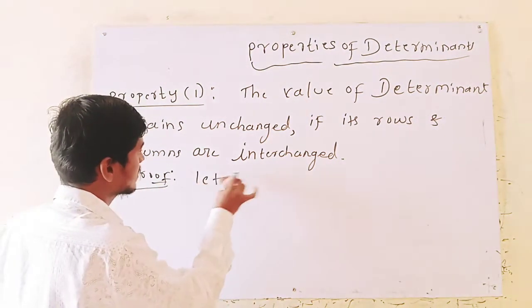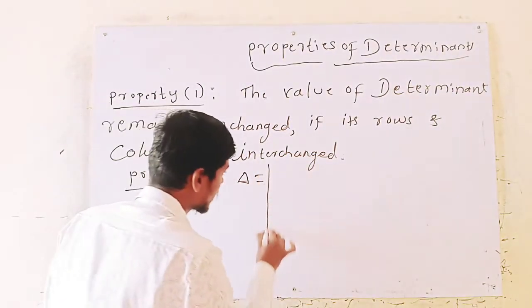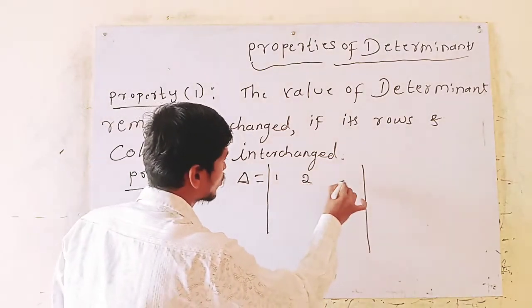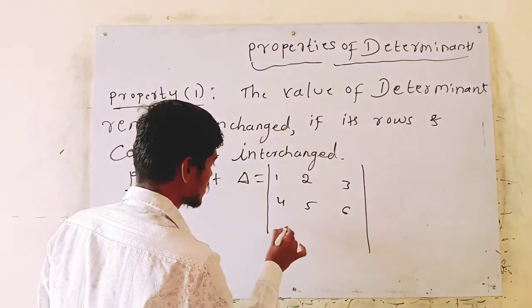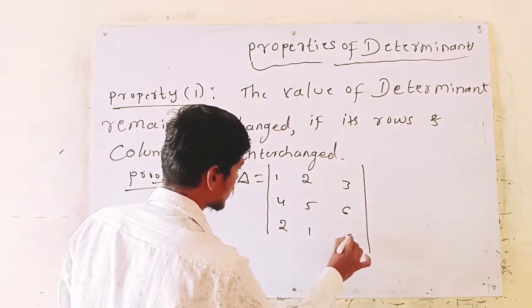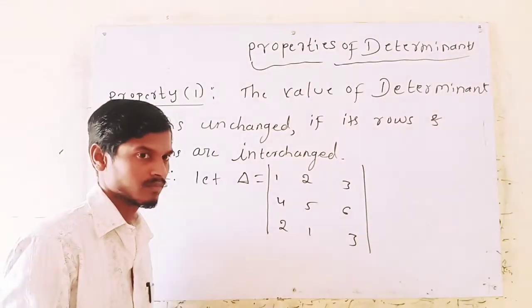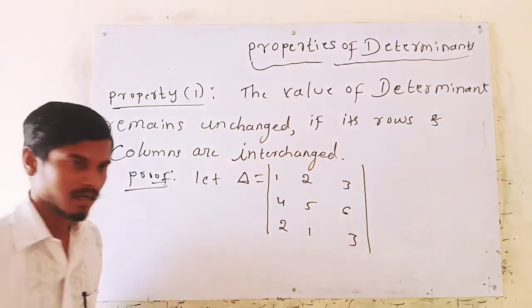Let delta equal to a determinant, suppose 1 2 3, 4 5 6, 2 1 3. No problem. Find this value. You know how to find it already.